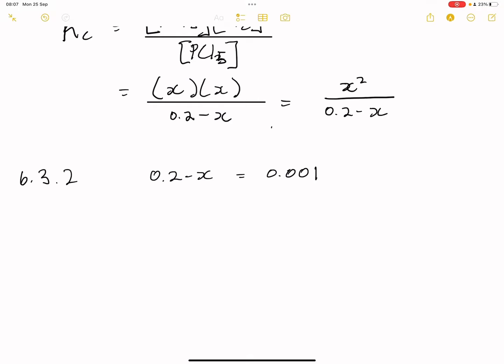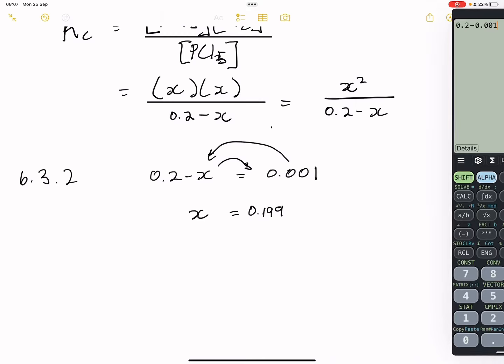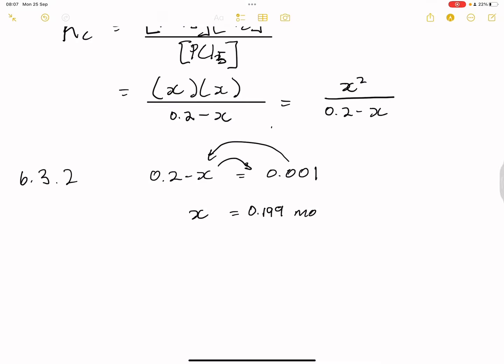In order for us to find the value of x, if I take x to the other side and bring this to this side, that will be 0.2 minus 0.001, which will give us 0.199. That will be our concentration in moles per cubic decimeters.